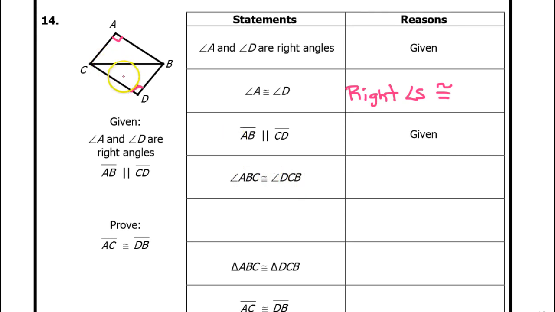And here's how. Start by tracing the parallel segments. So segment AB is parallel to segment CD, so trace those. And then make a Z out of it.